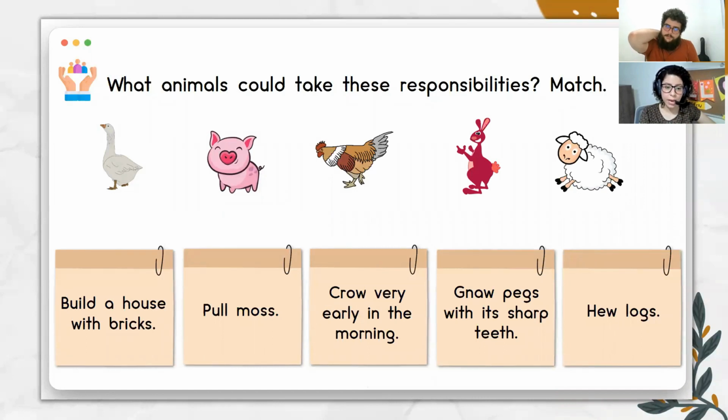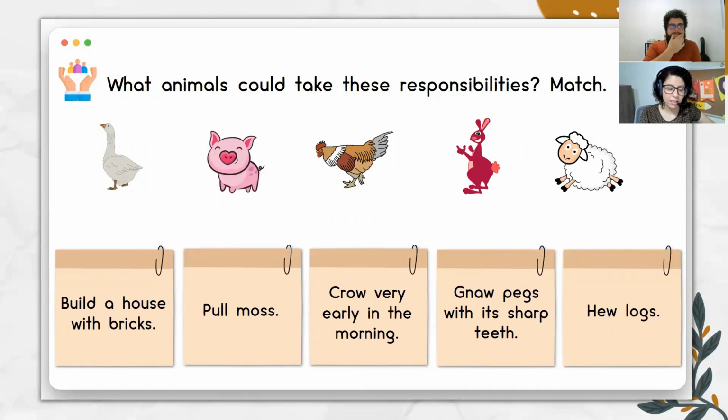This is an example, as Lucas said, of a pre-reading activity. They hadn't read the story yet. So what animals could take these responsibilities? Build a house with bricks, pull moss, crawl very early in the morning, gnaw pegs with its sharp teeth, and who logs.